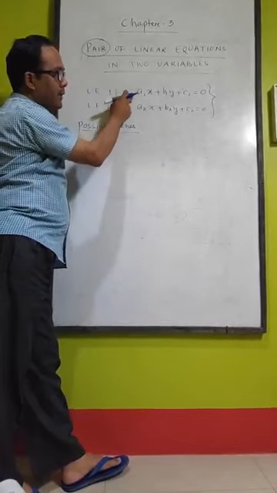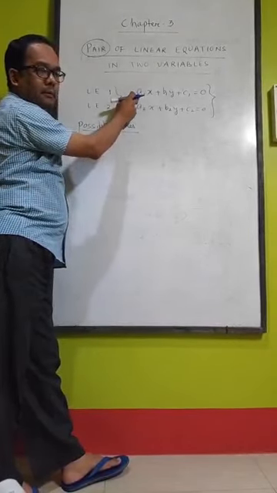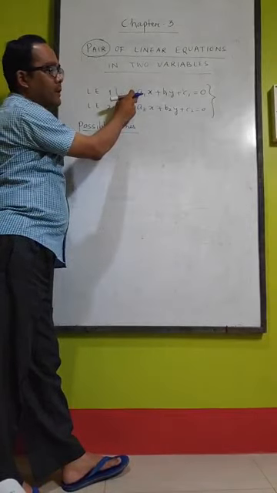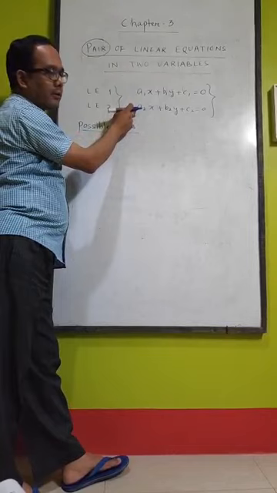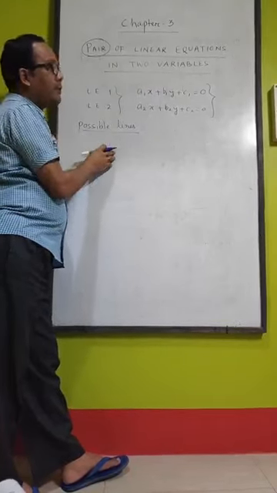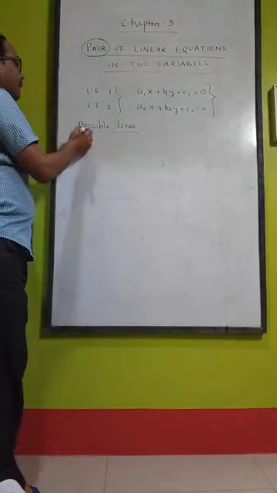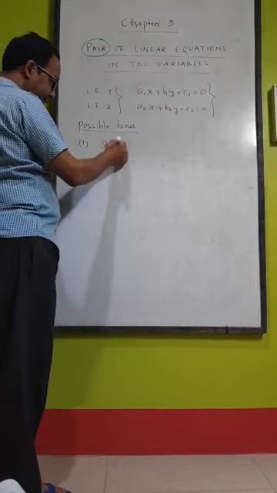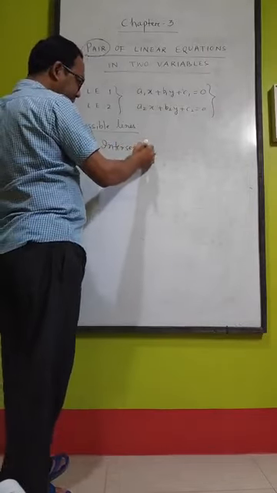Because each of these linear equations in two variables will have a straight line as its graph. The first one is a straight line, the second one is also a straight line. So what are the possible lines which we can draw? Obviously, the first one is intersecting lines.